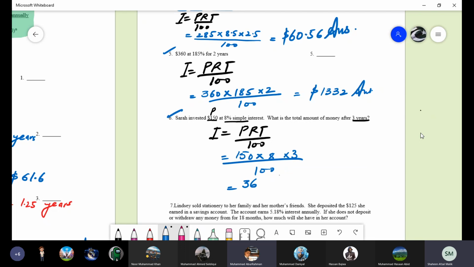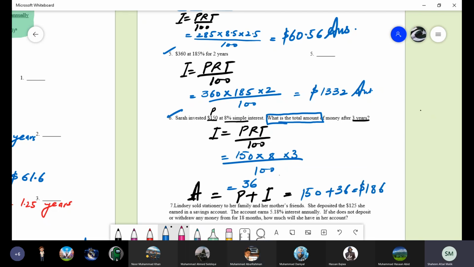Okay, but the question is something different. What is the total amount? You have to find out the total amount. It will be principal plus interest. So 150 plus 36 is $186.